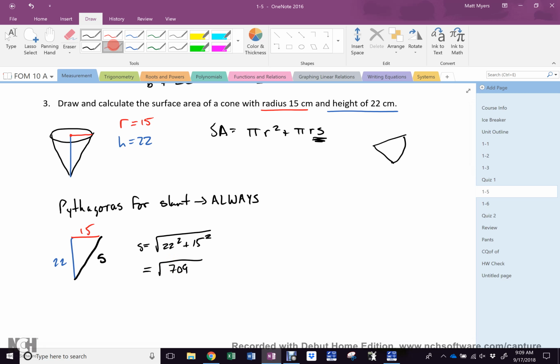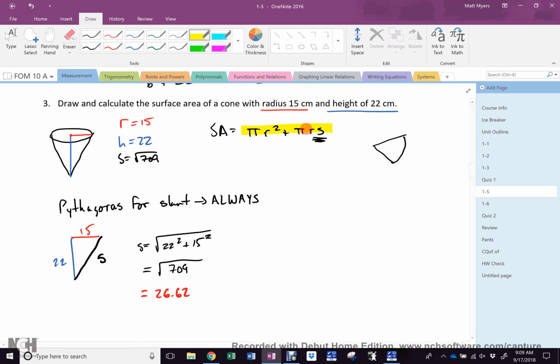Okay, so I'm going to write that here, 26.62. But notice I'm leaving the 709 black, yes? All right, so now we know our S equals the square root of 709. Now, do we have everything we need to fill in that formula? Do I have an R? Yep.